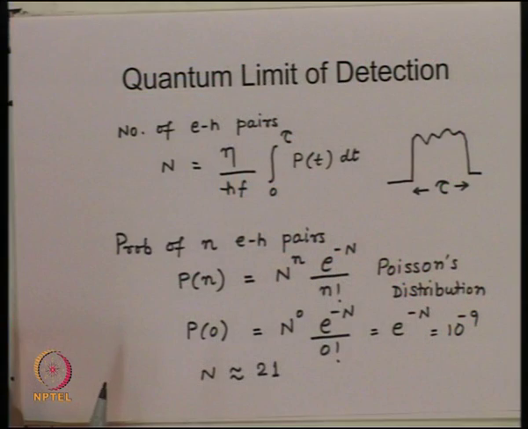And the number of photons required per second, if you multiply by the energy of the photon, essentially gives the average power which is going to be there in the data. So, this is what is called the quantum limit of detection, and for a data rate, let us say about 100 megabits per second, typically the quantum limit would be very, very small.